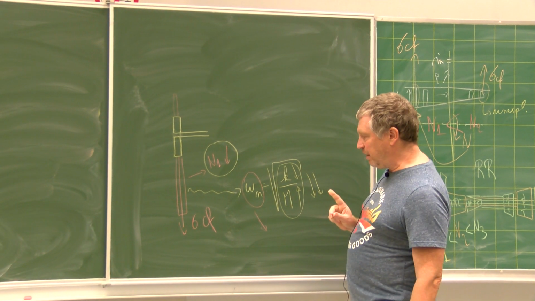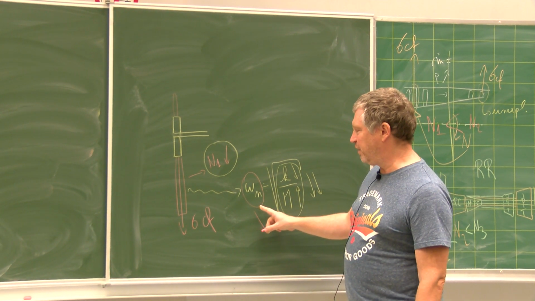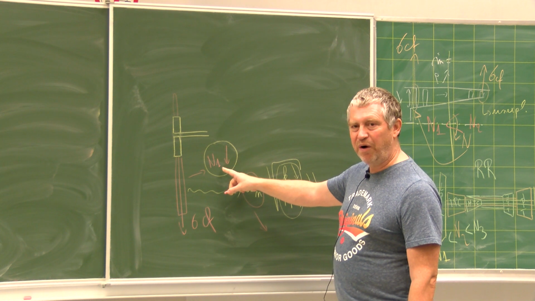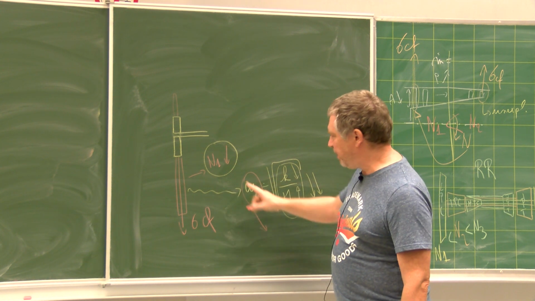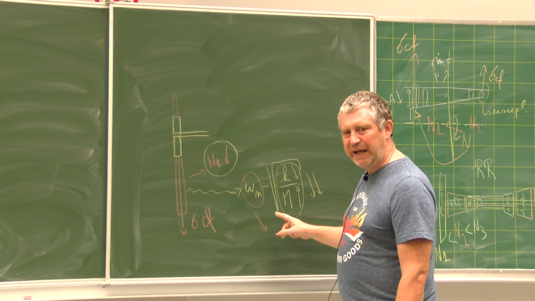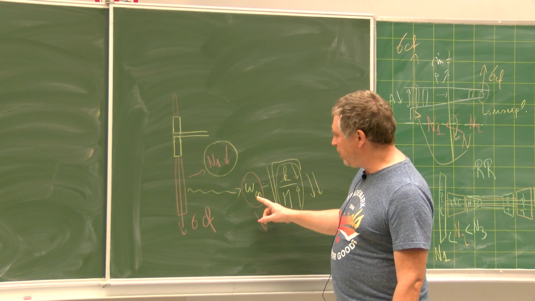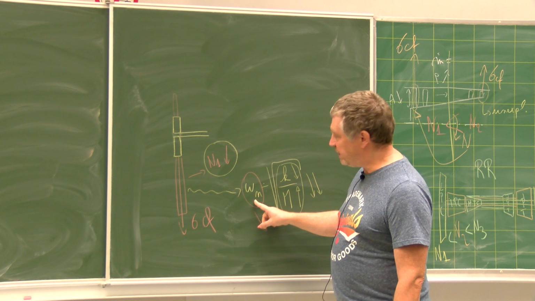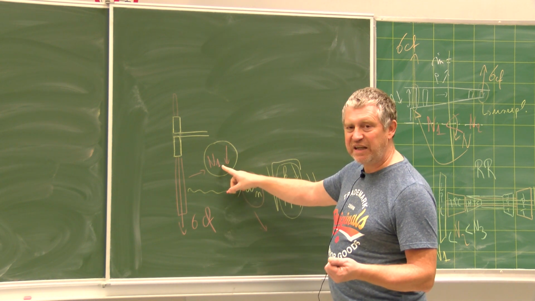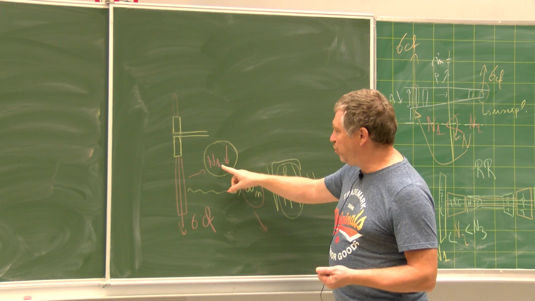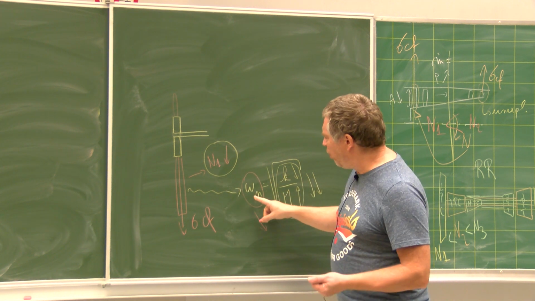But what's happening? By decreasing the resonance frequency, as you are also decreasing the rotational speed, it's quite possible that these two are in the same range, or that you have even this natural frequency lower than this one.